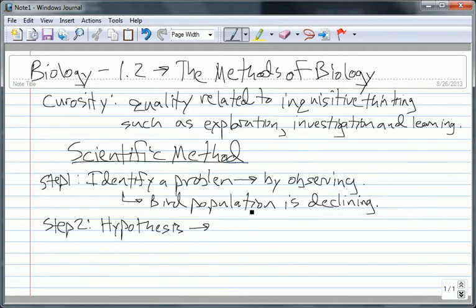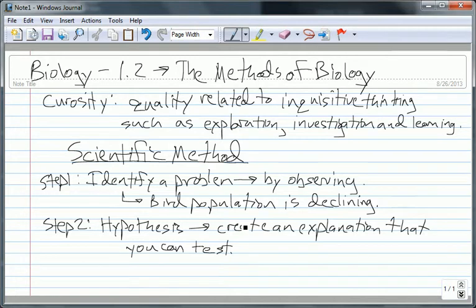This can be described as creating an explanation that you can test. So if you create a hypothesis, you're creating an explanation that you can test.